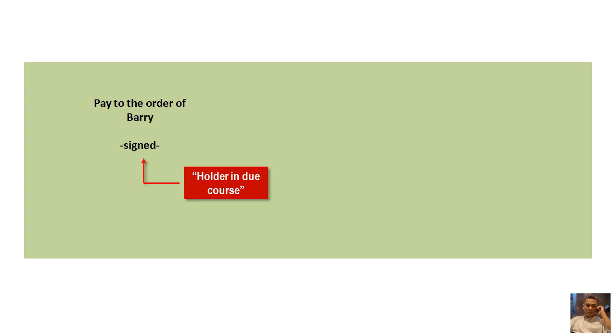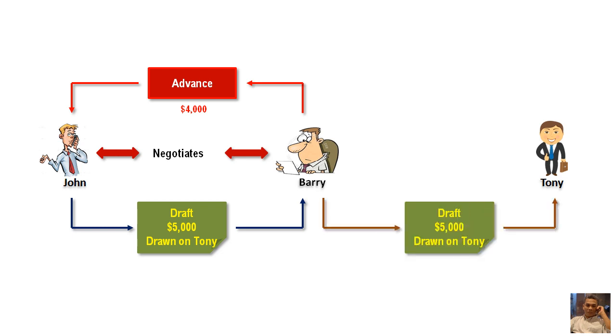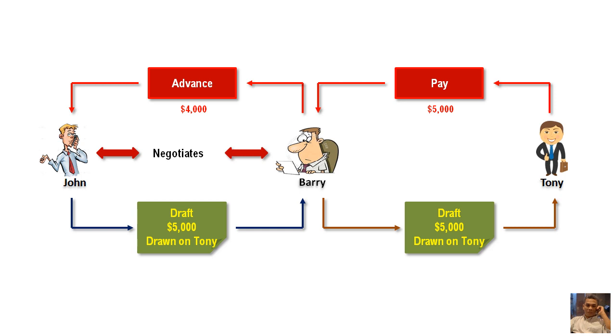So Barry now is the holder in due course, who has the right to the draft. That means Barry is the rightful owner to the funds, $5,000, the actual value of the draft. And Tony now is liable to pay to Barry instead of John. When Tony receives the draft from Barry, which is drawn on himself, he has to honor it and pay to Barry the amount of 5,000.